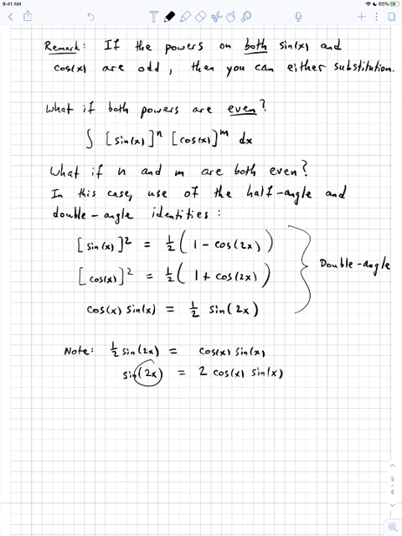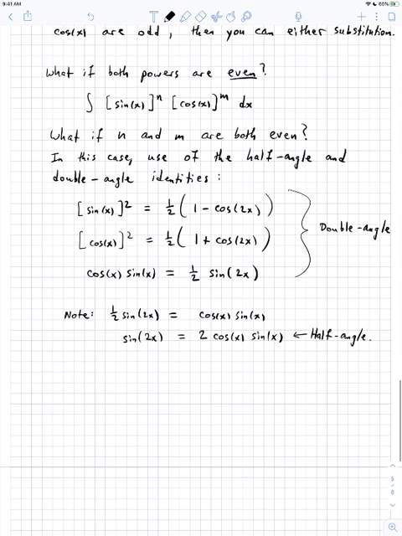And now I'm going from 2x to 1x, so this is a half angle identity. Oftentimes they write it in a different way, where you'd let that be equal to theta, and then these would be theta over 2, but we don't need to do that. It's the same thing. And these can be very useful when both your powers on sine and cosine are even.